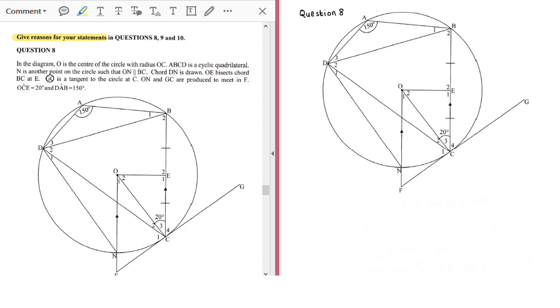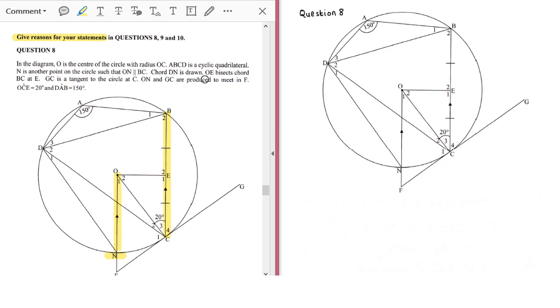N is another point on the circle such that ON is parallel to BC. So N, we're talking about this point over here, that's a point on the circle such that this line segment ON is parallel to this line segment BC.